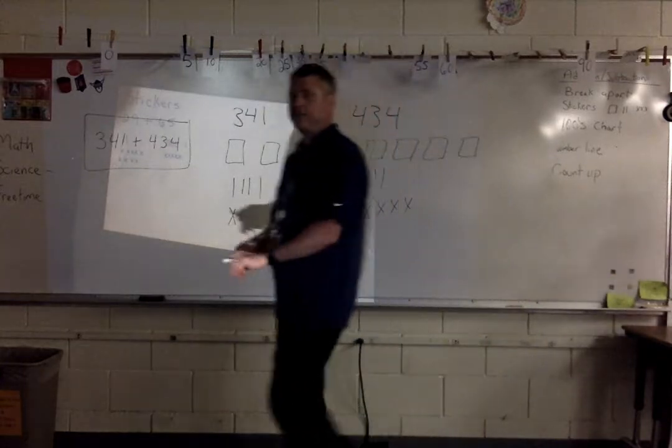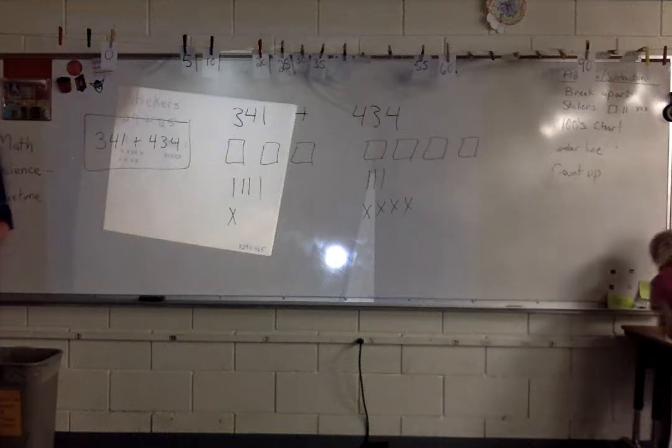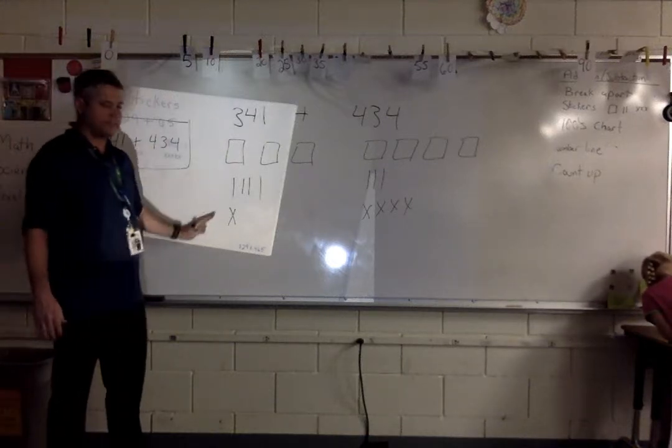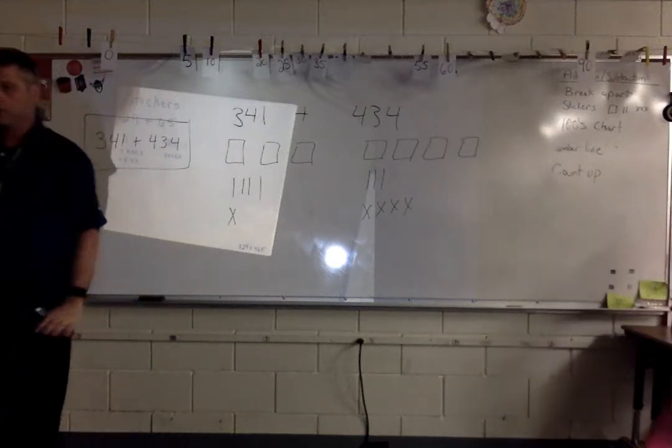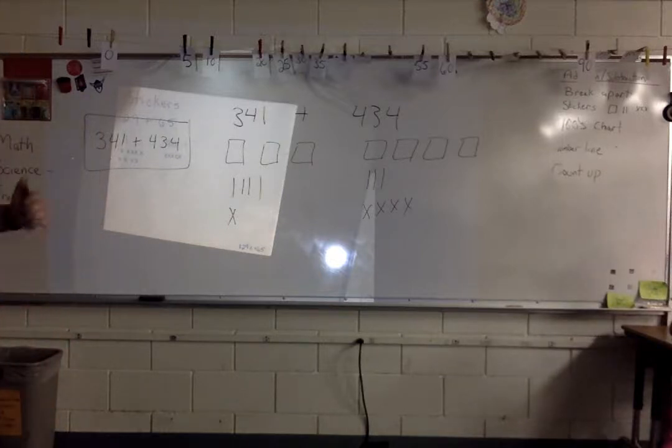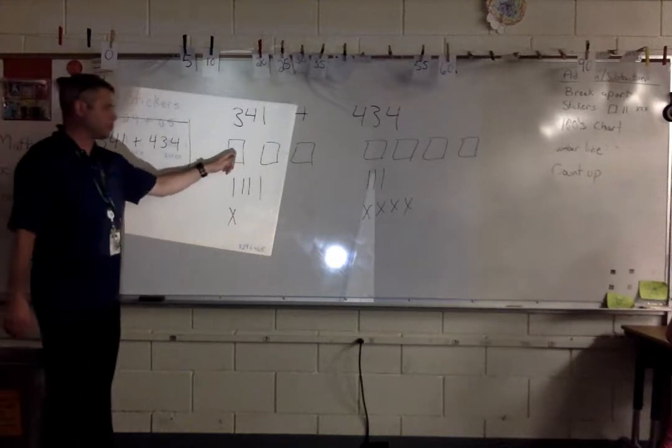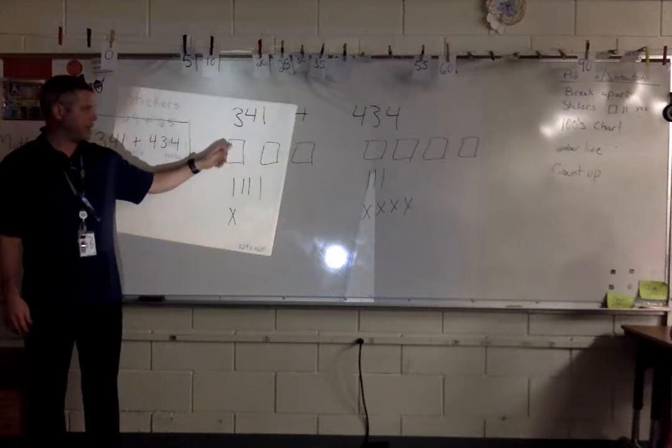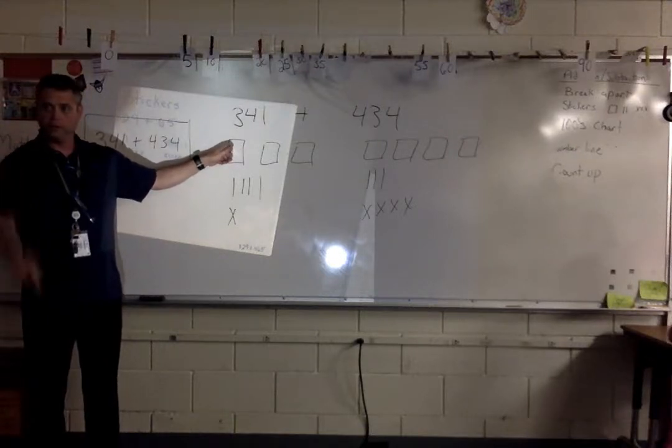Okay, so now what do we have to do? Jesse, what do we do next? Now that we've put all of our sticks and stickers out there, what do we do? Yeah. We count them up. Awesome. How much is this worth, Jess? 100.